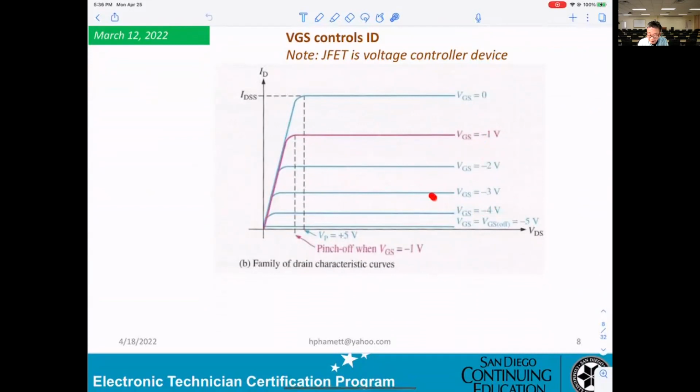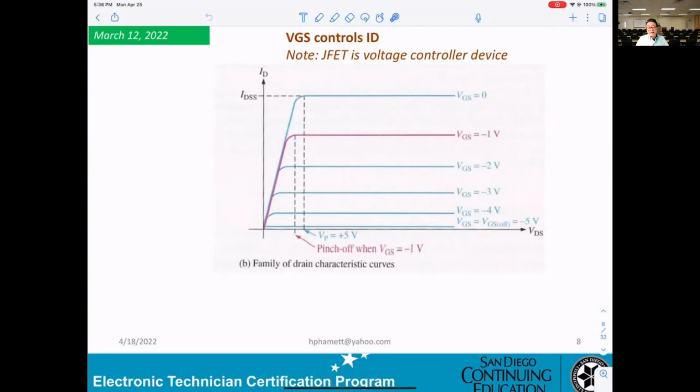So depending on VGS, you can get the current ID. So the JFET is voltage controlled.